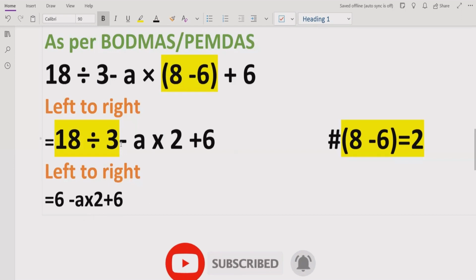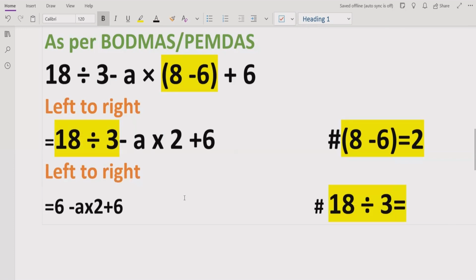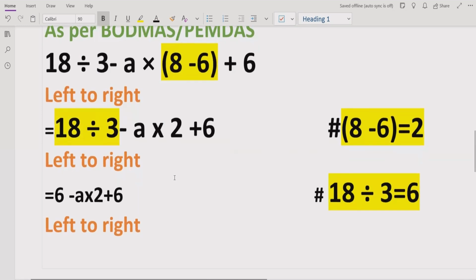We move forward, and here 18 divided by 3 is equal to 6. Again we go left to right and check which part we solve first. According to the BODMAS and PEMDAS method, we have to solve multiplication or division first.